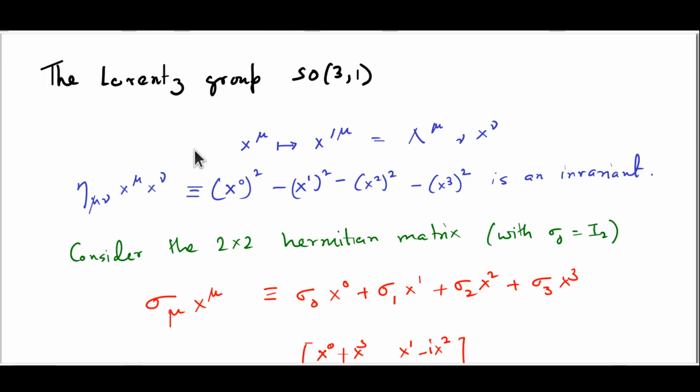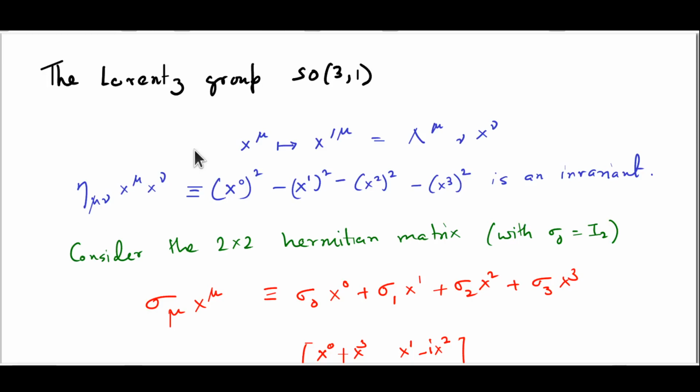This is a linear transformation, so x prime mu is given by lambda mu nu x nu, summation convention, of course, being used here, with the additional condition that under such a transformation, eta mu nu x mu x nu, that is x0 squared minus x1 squared minus x2 squared minus x3 squared, is an invariant.